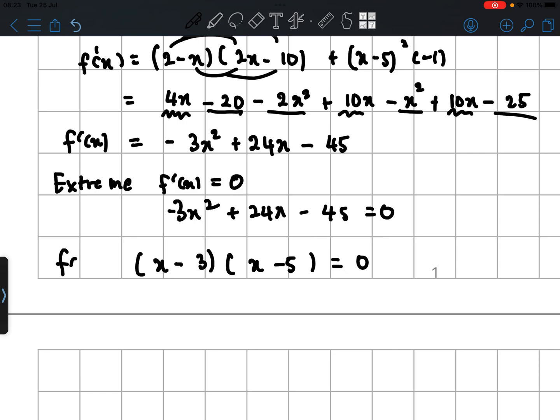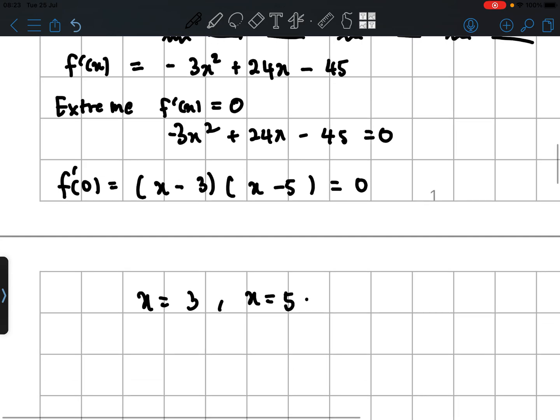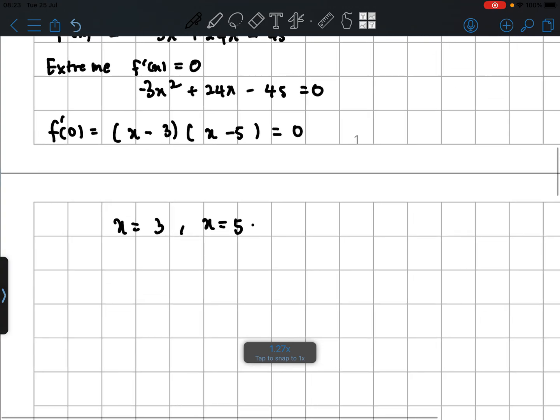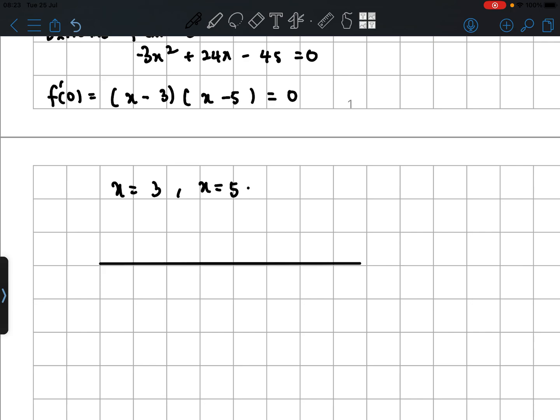Okay, so this is f prime equals 0. So we will end up with x equals 3 or 5. Okay, like that. So we need to make a table.